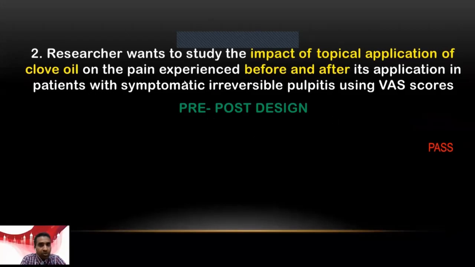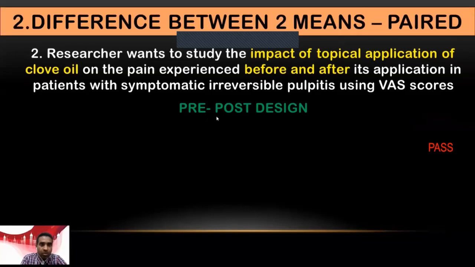It is a pre-post design. So it is a within-the-group design, also called a paired group design. So difference between two means. Why mean? Because we are going to assess the pain using VAS scores. VAS scores are mean and standard deviation. So difference between two means, and it's paired data because of the pre-post design.